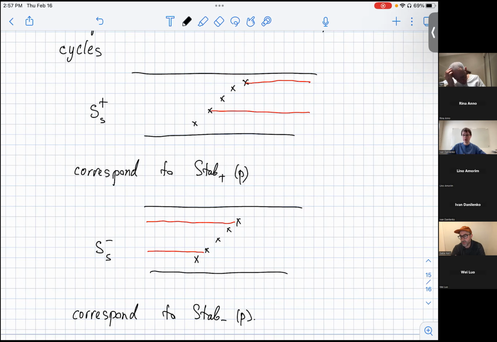So the crosses are punctures, yes, but my points run over this cycle. In this picture, I'm working with pairs of points, and one point runs over all the values along one line, and the other runs along the other one. So it's a picture of a two-dimensional Lagrangian in real 4 dimensions.